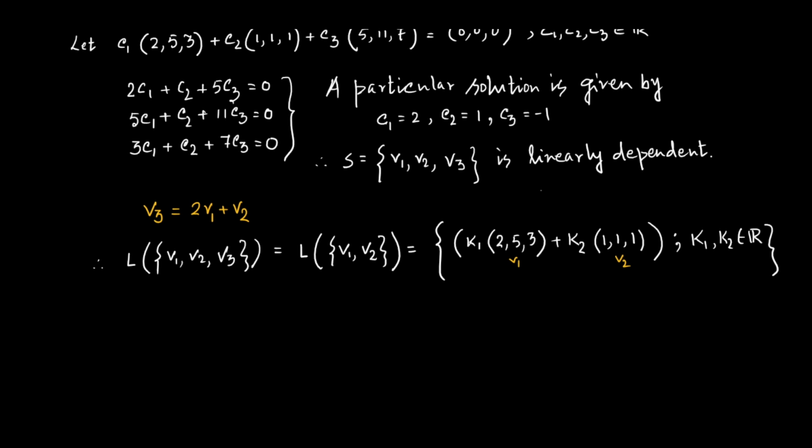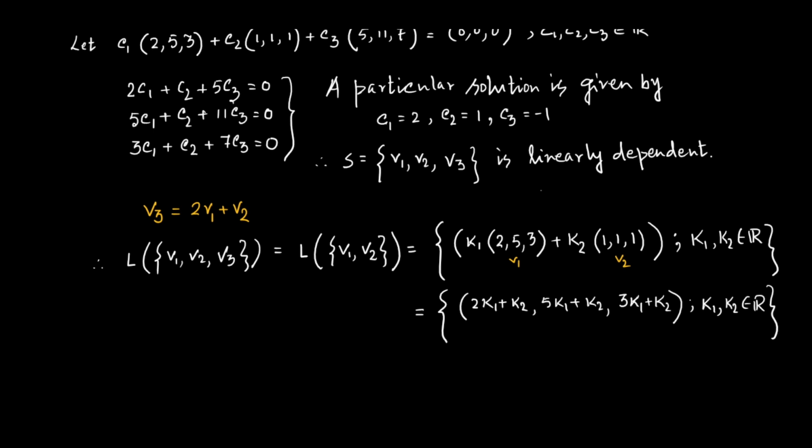This is the infinite set of all the linear combinations formed with the two vectors v1 and v2, and this is equal to the set of all the triplets of the form (2k1 plus k2, 5k1 plus k2, 3k1 plus k2), where k1 and k2 are any two real numbers.